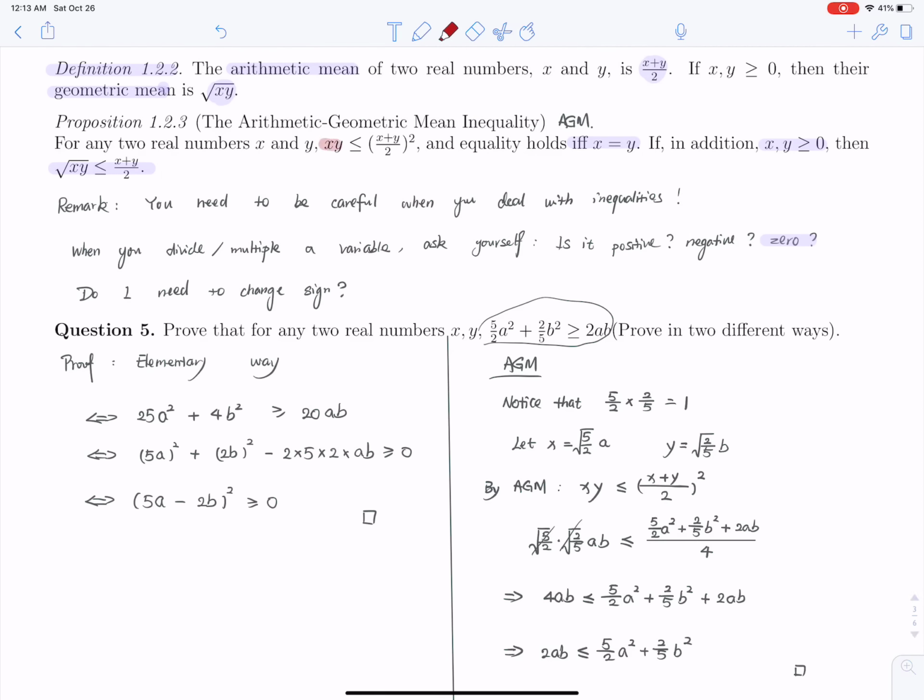Notice that we have x times y, and we have x plus y.